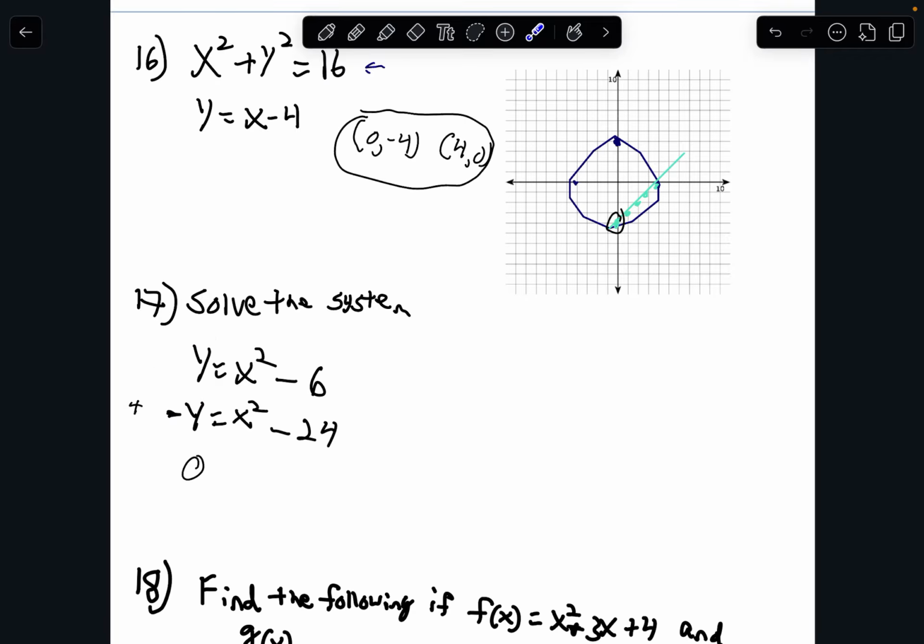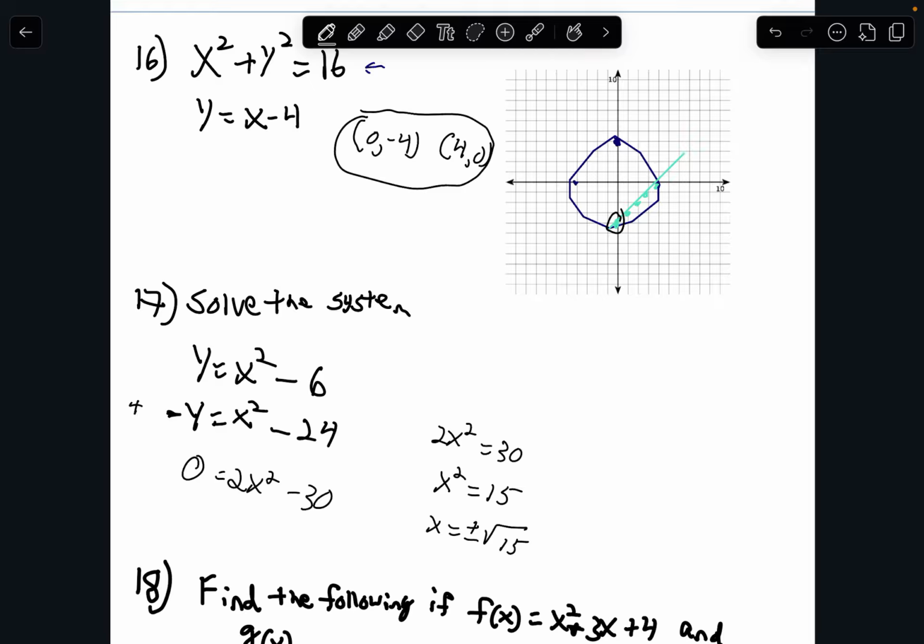And then we have 1x squared plus 1x squared, which is 2x squared, and negative 6 minus 24 is negative 30. So we have 2x squared minus 30 equal to 0. Add 30. Divide by 2. Take the square root. We got the x value.